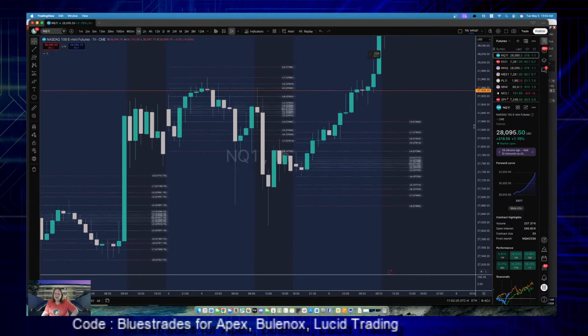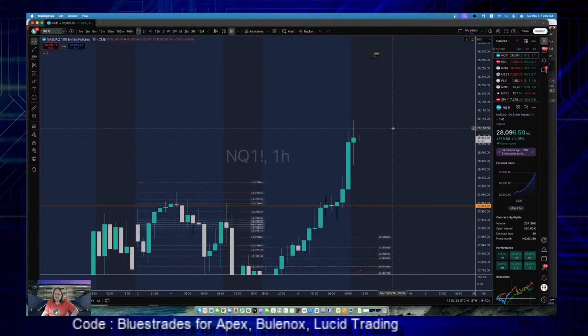So with that information in mind, we've also gone another 100 points past where we are. It's potential that we have seen the top put in on NQ today, just based upon that math.